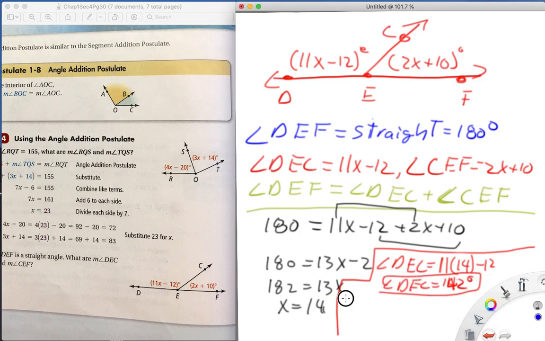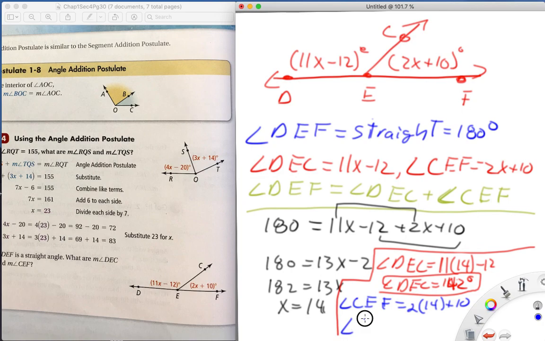And then angle CEF equals 2 times 14 plus 10. So 2 times 14 is 28 plus 10 equals 38.